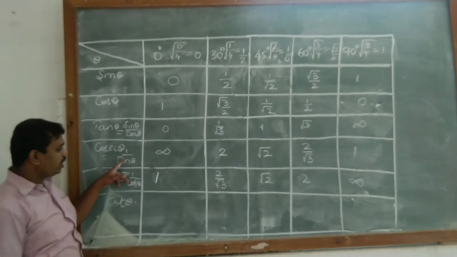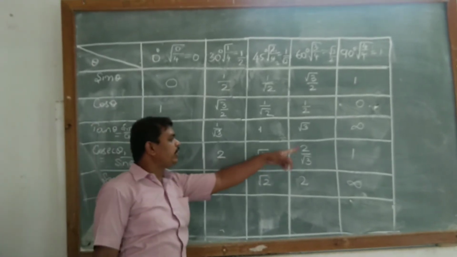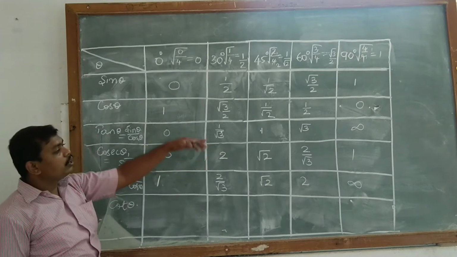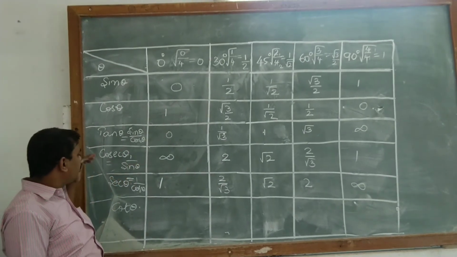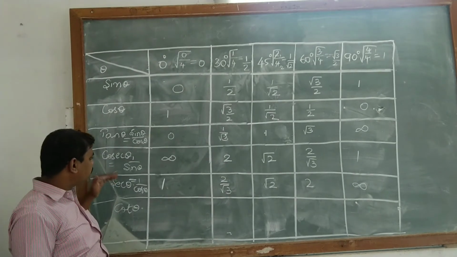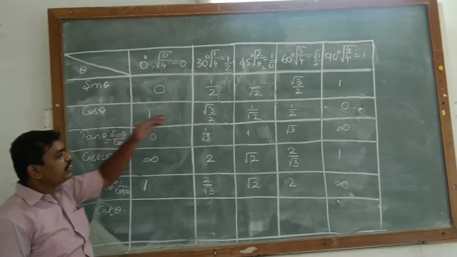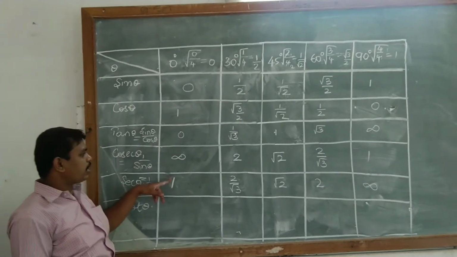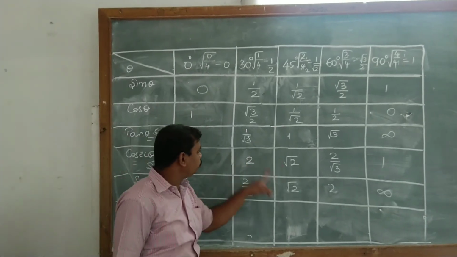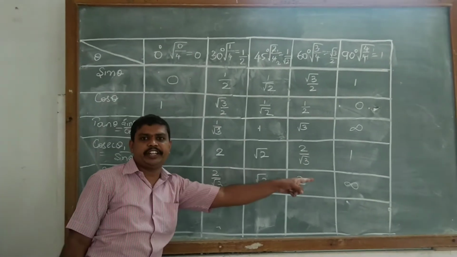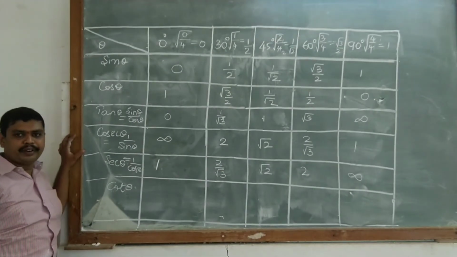For cosecant theta, you have infinity, 2, root 2, 2 by root 3, 1. That is, from right to left is nothing but you have got to obtain the values of secant theta from cosecant theta. See here, observe. 1, 2 by root 3, root 2, 2, infinity. Okay, students, follow. So this is the logic where you have to remember.